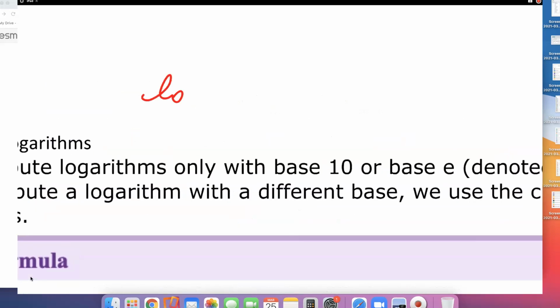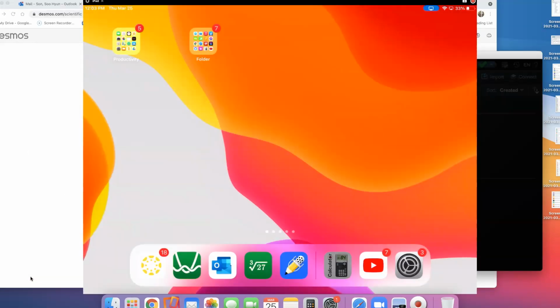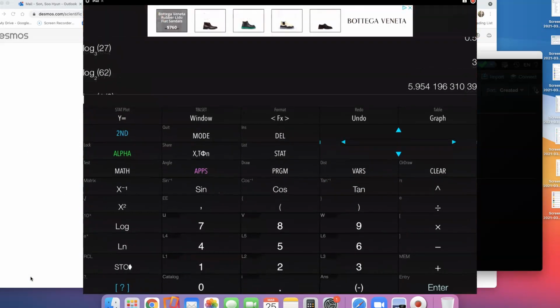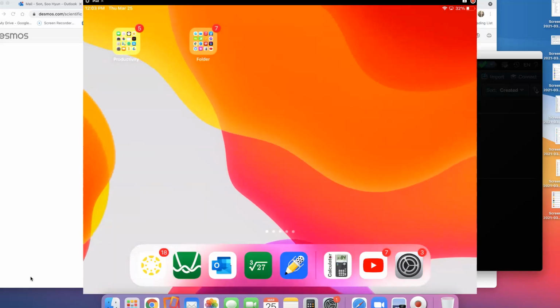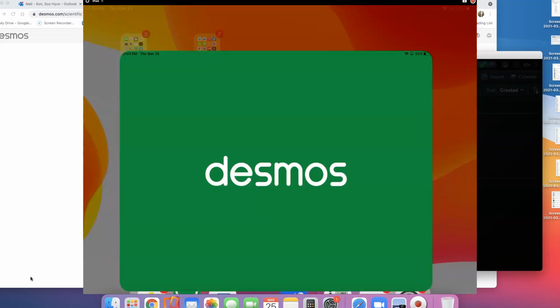If you have log base 2 of 5 and you're worried because your calculator does not have a function to specify this, I downloaded an app, and in this app I can go to math and then I can go to log base. So this is like a calculator. TI-84 calculators probably have this function, if your operating system is updated, but not many calculators, for example my Desmos calculator, have that function.